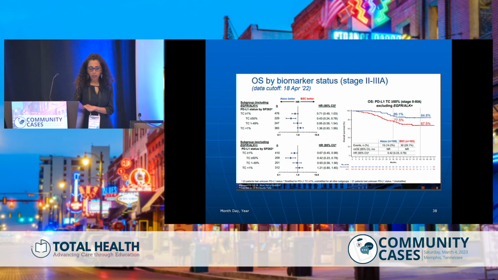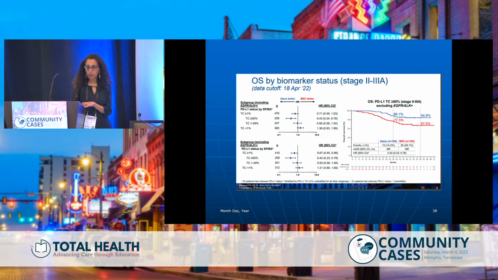The primary method was, they did SP263, they did the 22C3. Nevertheless, the bottom line is, PD-L1 positive patients seem to benefit, and in fact, PD-L1 50% or higher, so high expressors seem to drive most of that benefit. So the majority of the benefit seems to come from that.